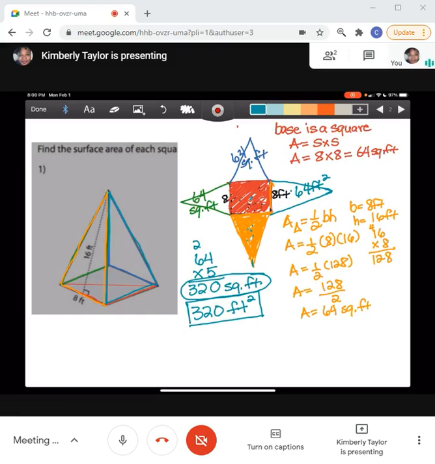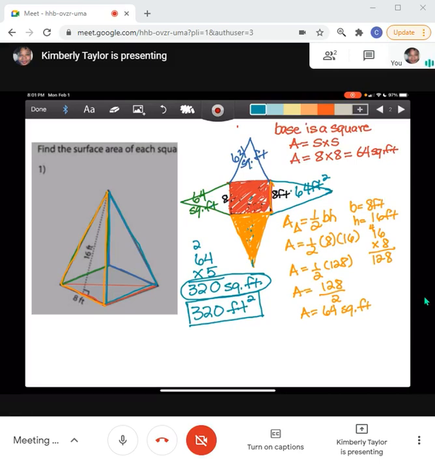So Kyla, was this problem okay with you? Were you able to understand how I found the surface area of this square pyramid?